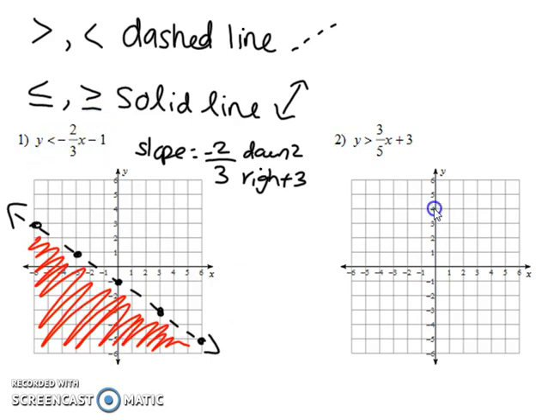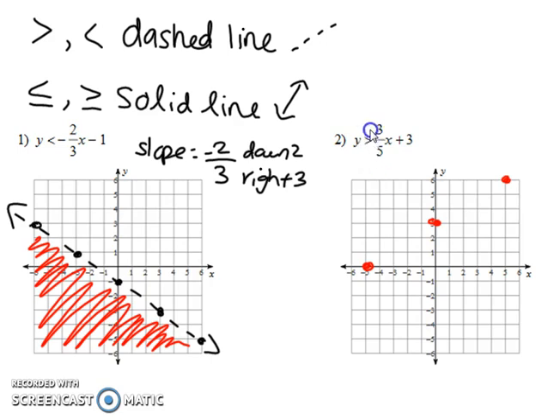Okay? So let's look at this one over here, number 2. I'm going to start at a +3. You're going to do a slope of 3/5. So up 3 right 5. And to get another point, I'm going to go down 3 left 5. Okay? So now I need to see if it's dashed or solid.